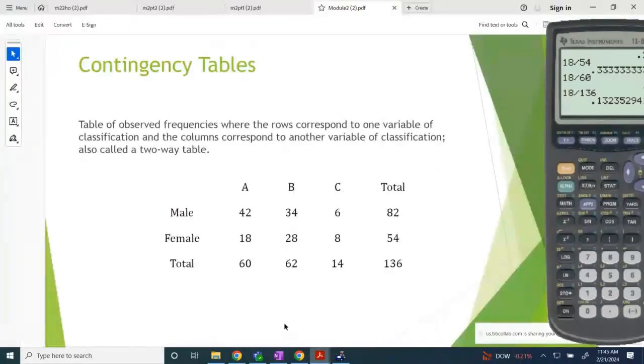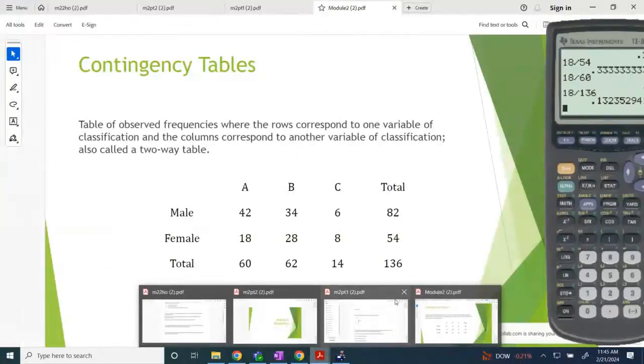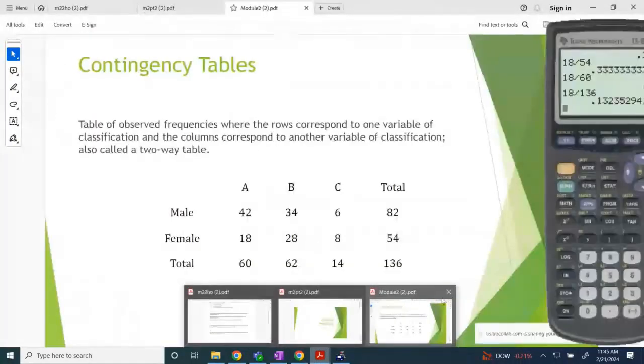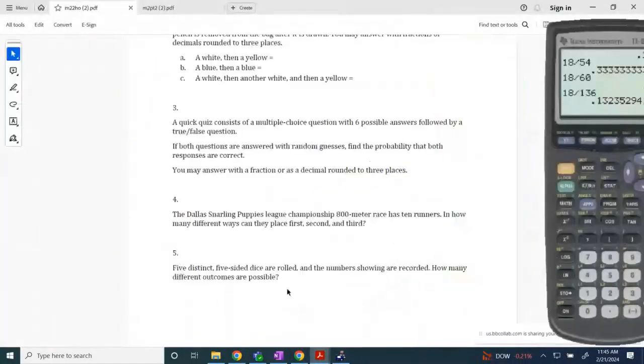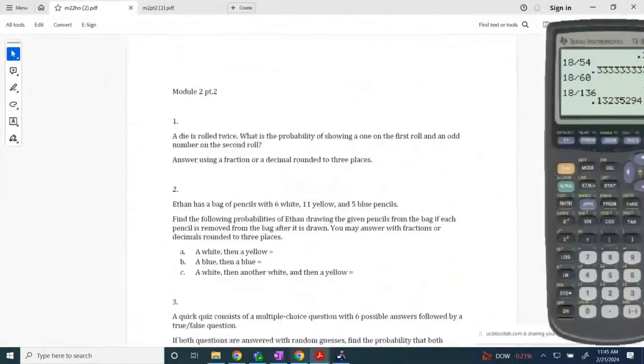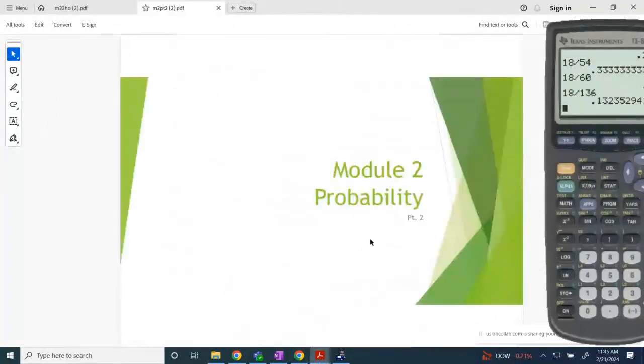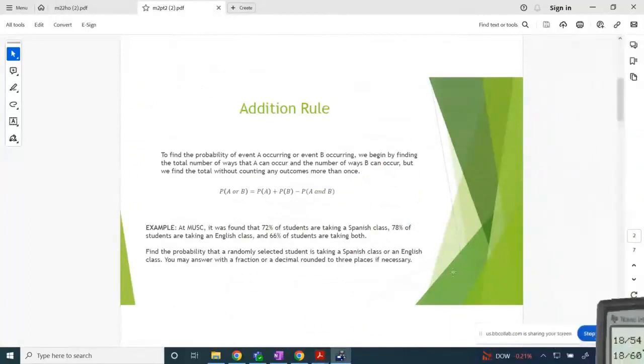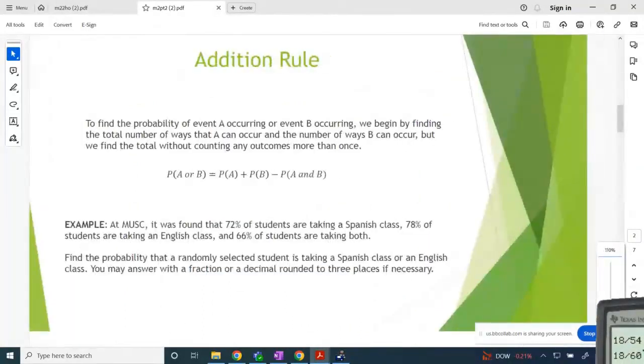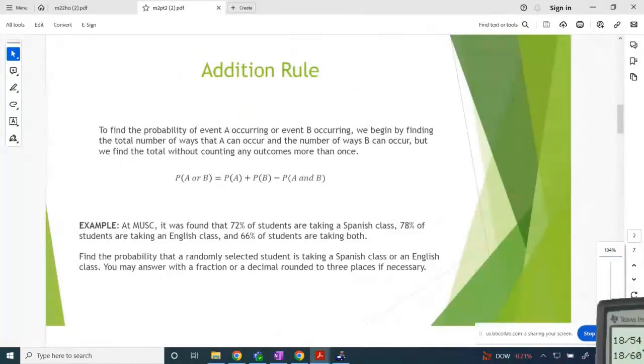Now we're going to get into the second part of Module 2. First is the addition rule.